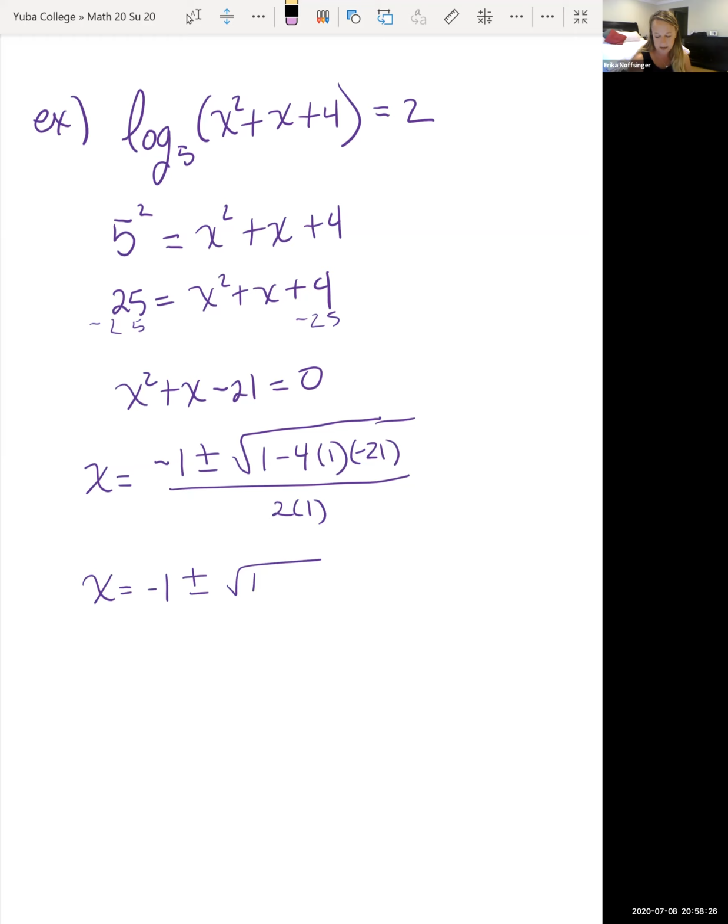So 4 times 21, that's 84. We have two negatives, so it's plus. 1 plus 84 all over 2. So negative 1 plus or minus the square root of 85 all over 2.